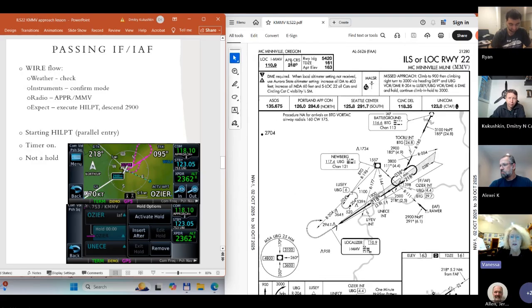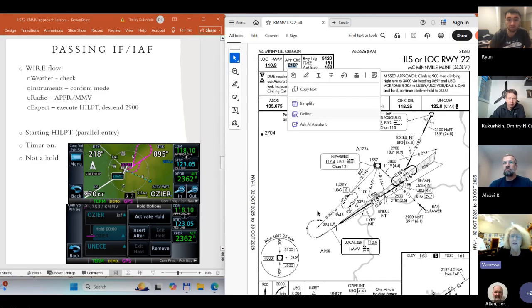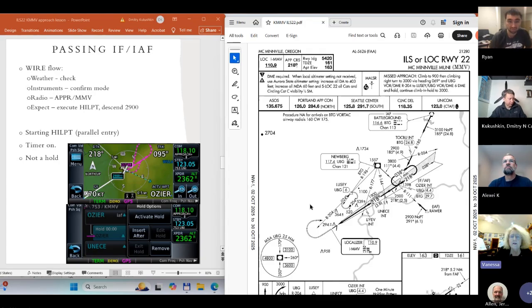But that 218, oh, there it is. Thank you, Dimitri. Yeah. And it took me a long time to realize how important that was, to make sure that you know what heading you're going, where the airport is, for situational awareness. Yep. That's all I would add.